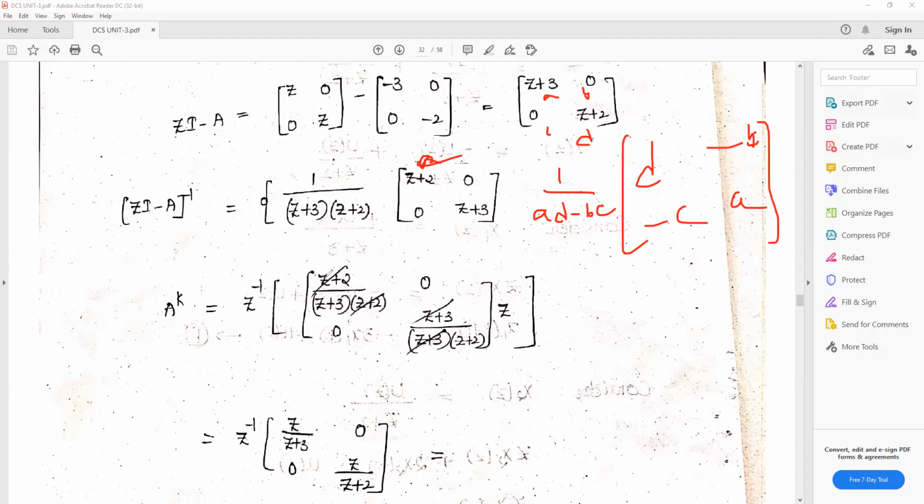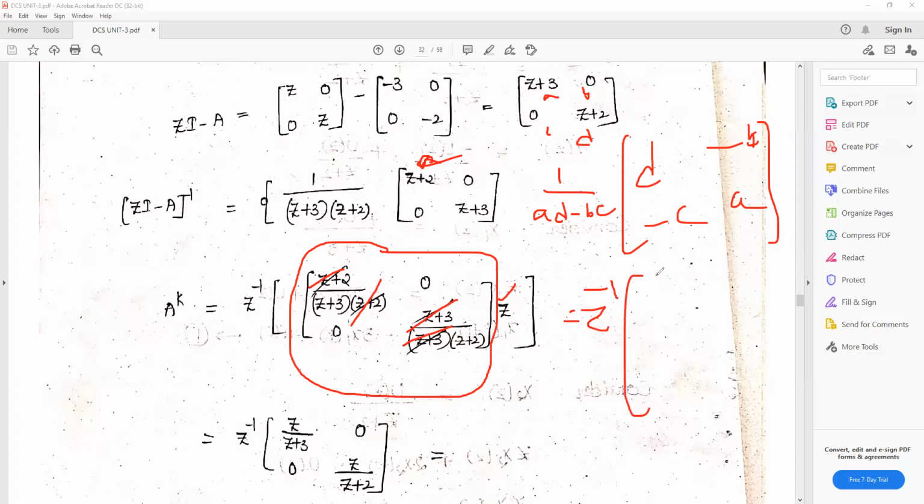So Z inverse of (zI minus A) whole inverse into Z. In the first term, numerator Z plus 2 and denominator Z plus 2 cancel, so we get Z by Z plus 3.